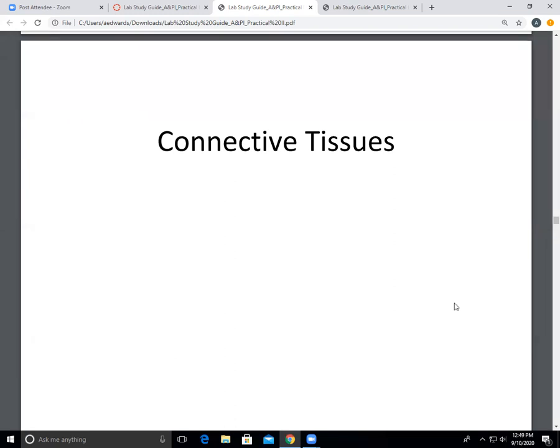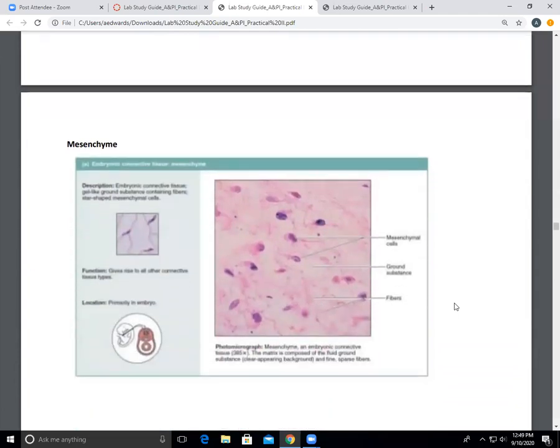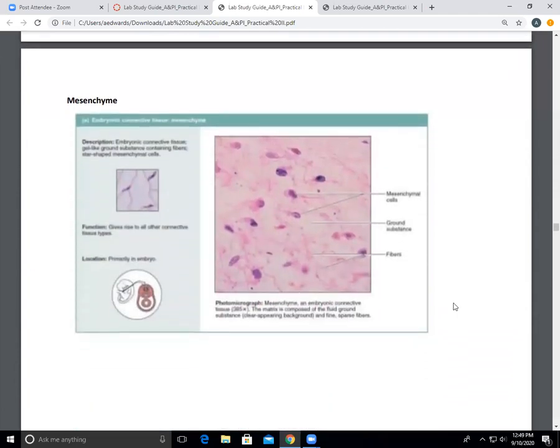All right, so let's cover connective tissues. So one type of connective tissue you'll see is mesenchyme, or mesenchymal cells. These are embryonic connective tissue, so these are in embryos. These are ones that give rise to the other connective tissue types.